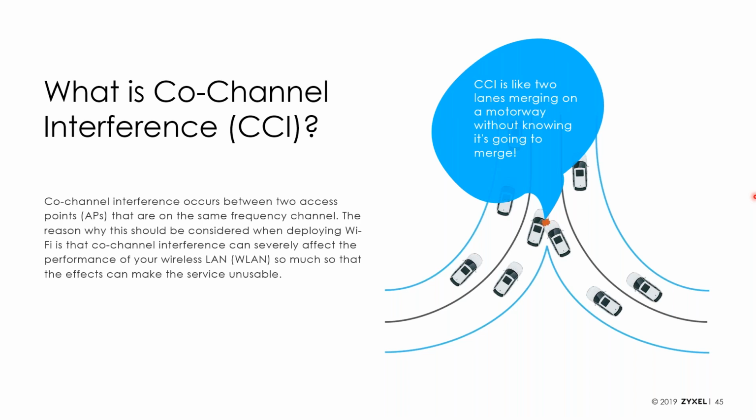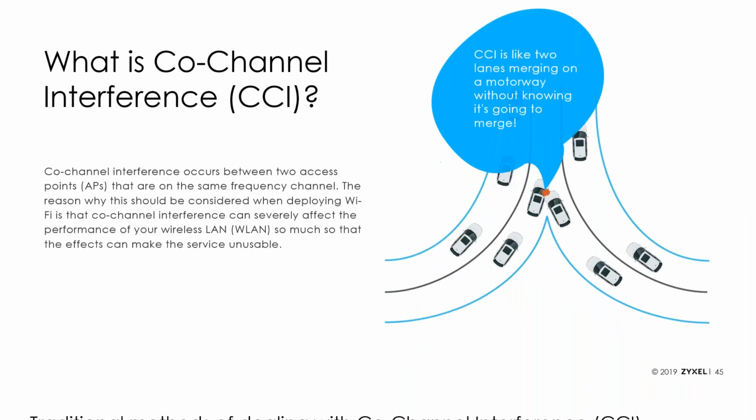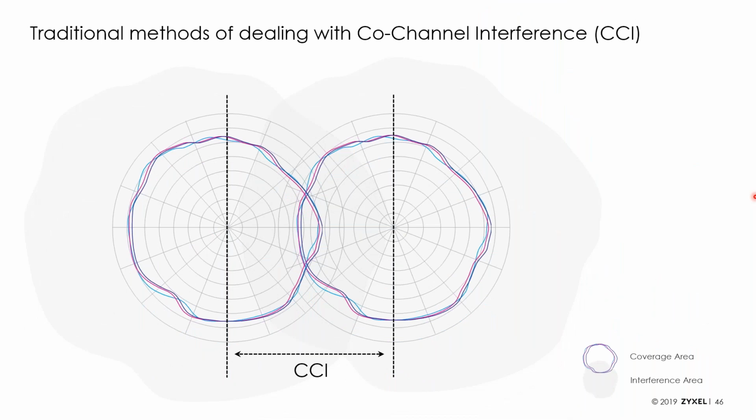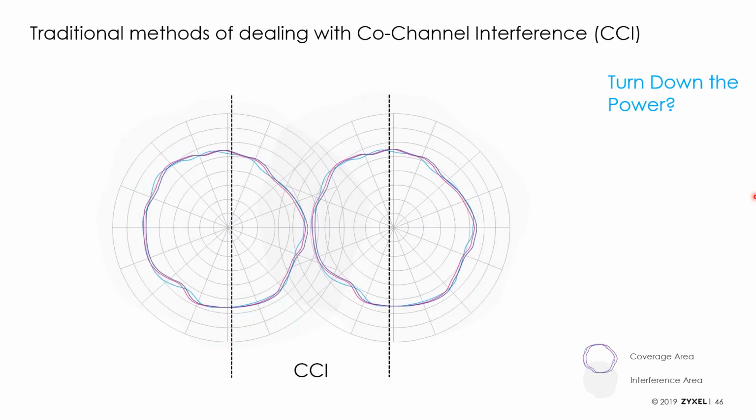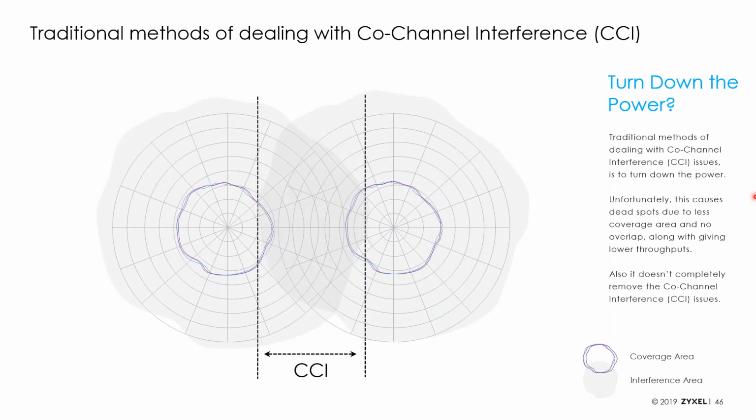This creates a lot of collisions in the network, so we experience a lot of packet loss, etc. Traditionally, with omnidirectional antennas, the only solution we can really do is turn down the power. Of course, this means that we most likely need to deploy more APs, plus we usually see a lot of APs that are simply out of our control, so we cannot turn them off or turn the power down.